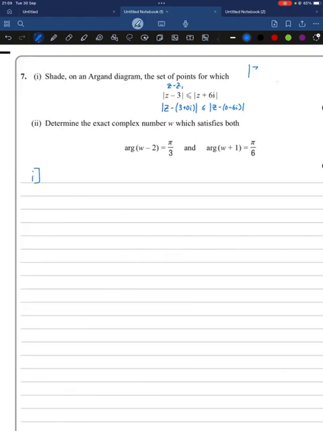Now, this is in the form of the modulus of z minus z1 equals the modulus of z minus z2, which we know is the perpendicular bisector of the line connecting z1 and z2.